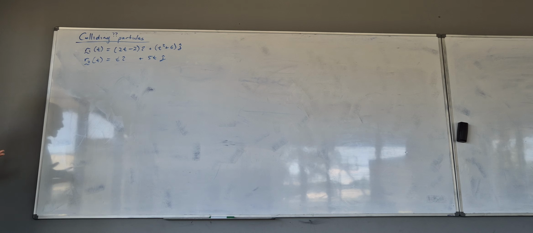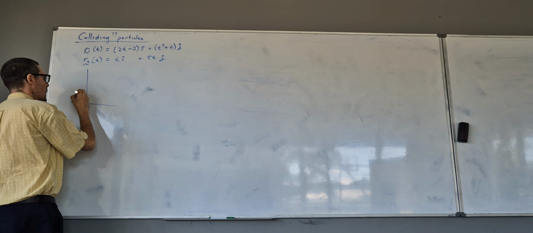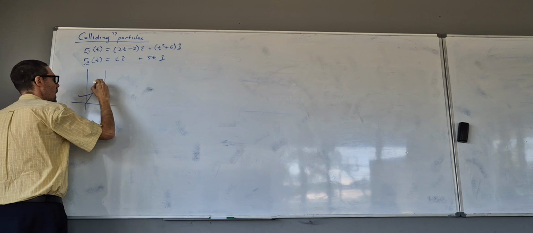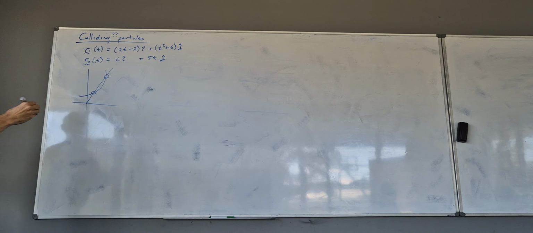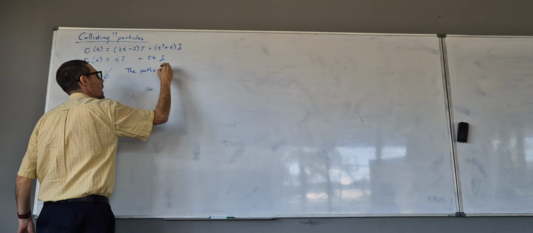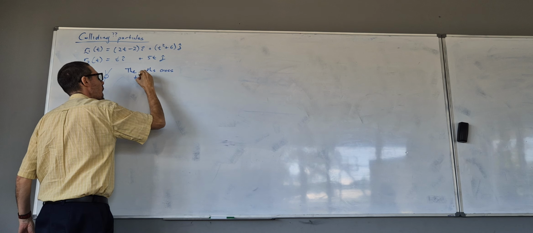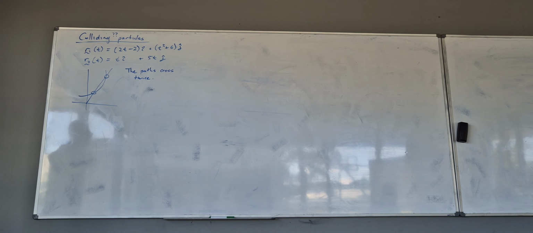Do you know how to do that in your graphics calculator? Get it out and try. Unfortunately, as a parametric equation, the calculator will not give you the intersection.